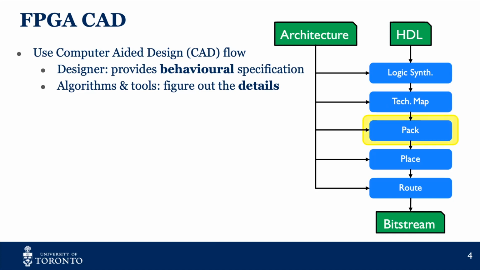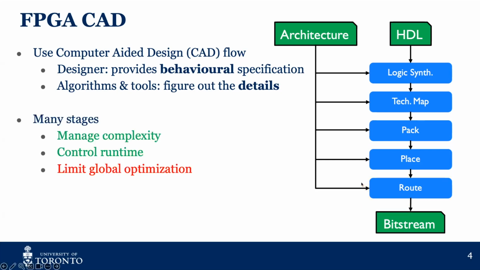Then the technology-mapped netlist is packed together into larger blocks of the target FPGA device. In placement, we find the optimal physical location for each placeable block of the netlist. And finally, routing is responsible for establishing the connections between the pins of the netlist by utilizing the prefabricated routing wires and programmable switches on the target FPGA.